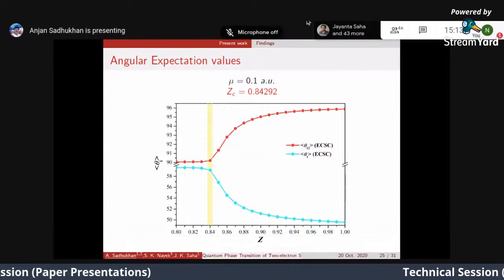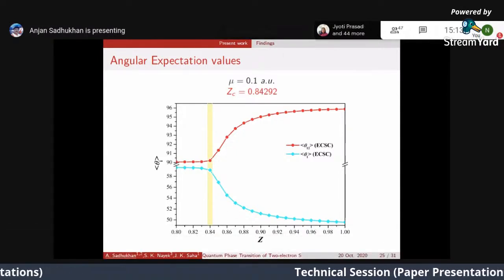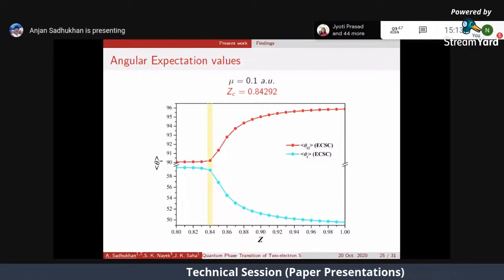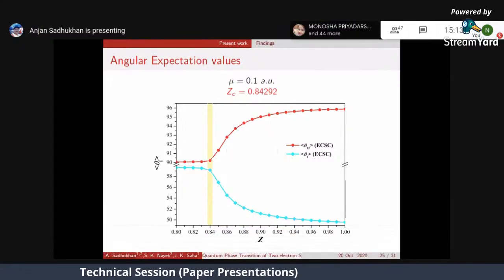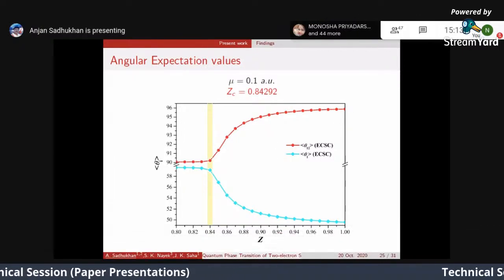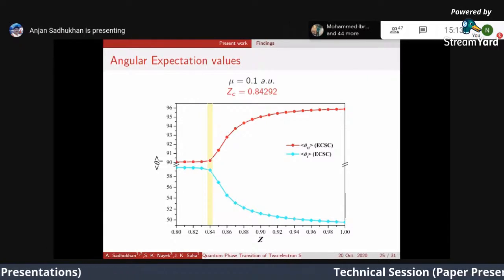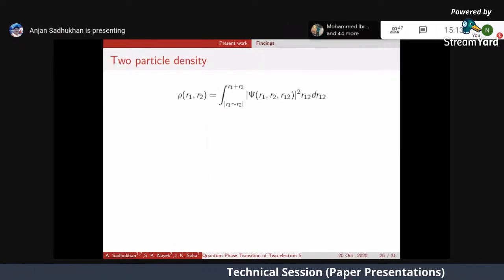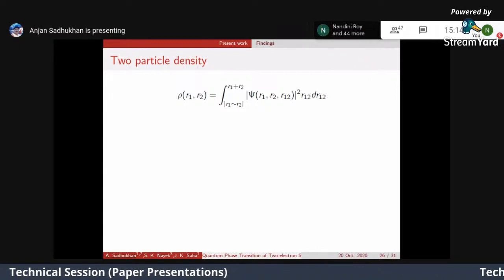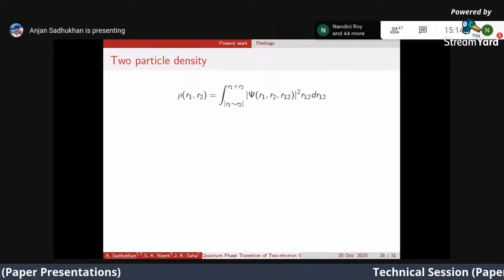To have a clear idea about the relative position of the electrons with respect to the nucleus, we have estimated the two particle density of the system, which will give us information about the most probable configuration of the electron pair.